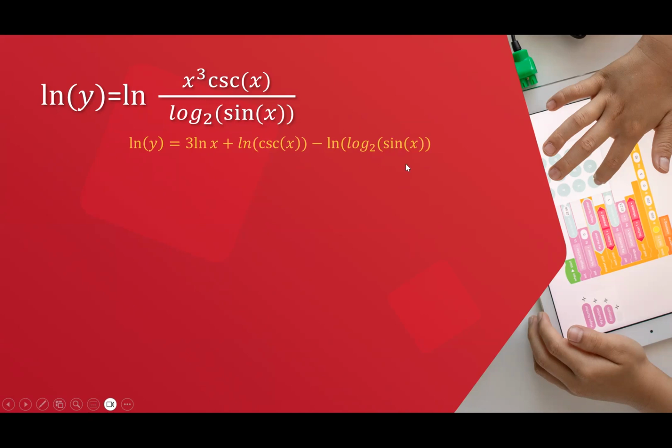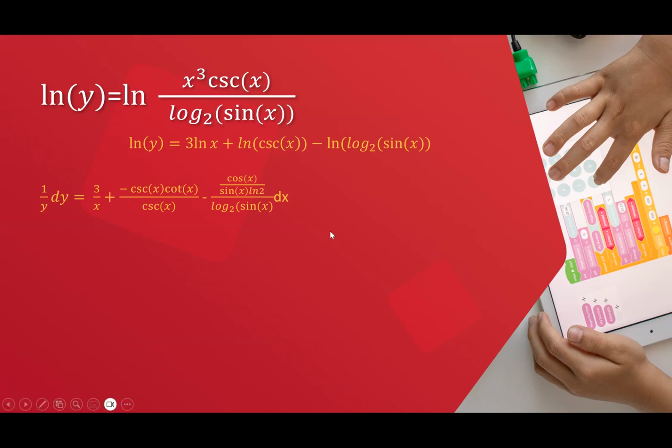So the derivative of the inside would be cosine x over sine x natural log 2. And then all that is over the inside, log base 2 of sine x. So it's a chain rule in a chain rule.